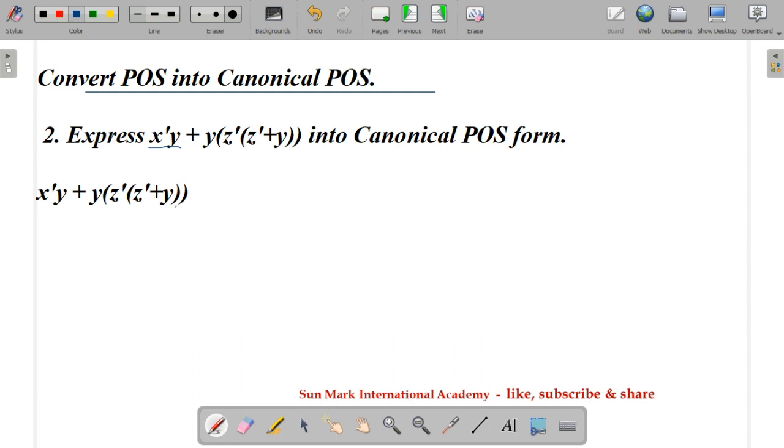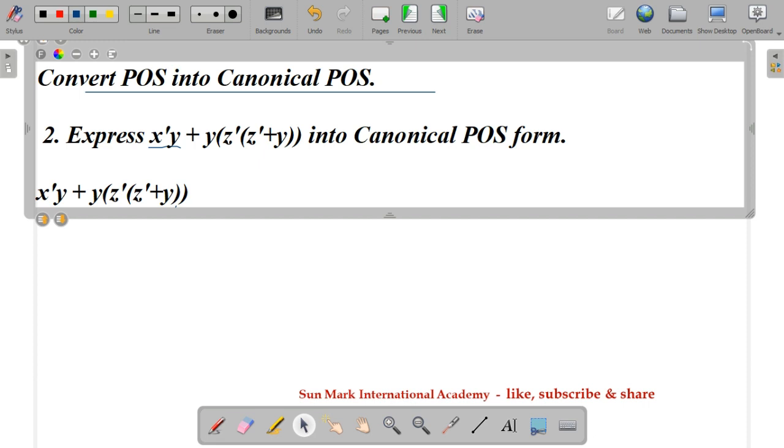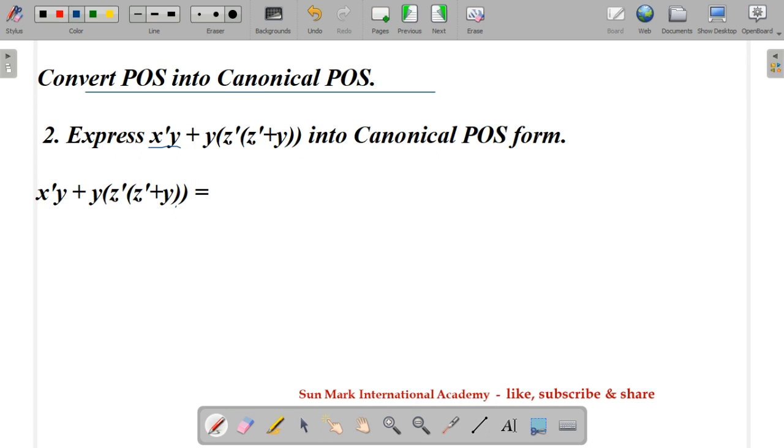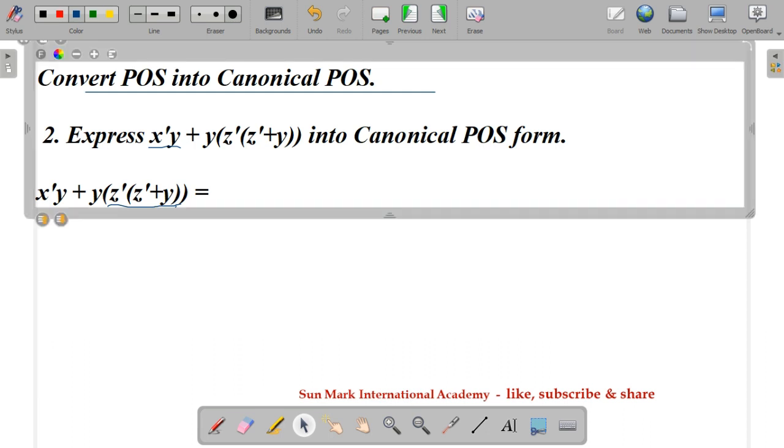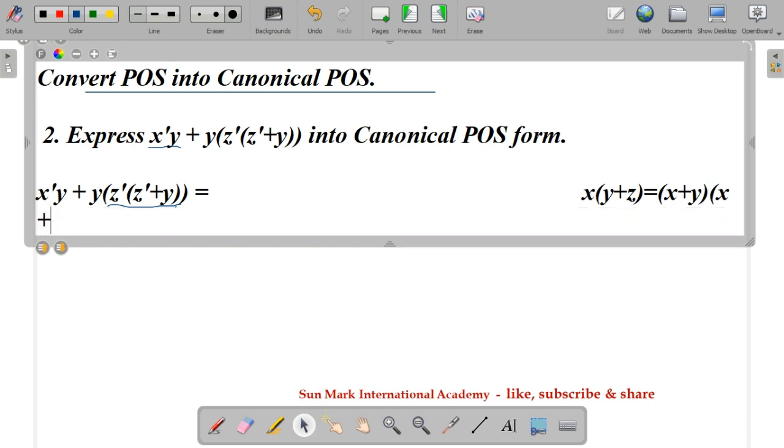So let's start. The given expression equal to, so here we should substitute the Boolean laws. So consider this as the distributive law. Here we are applying the distributive law: x into y plus z equal to x plus y into x plus z.